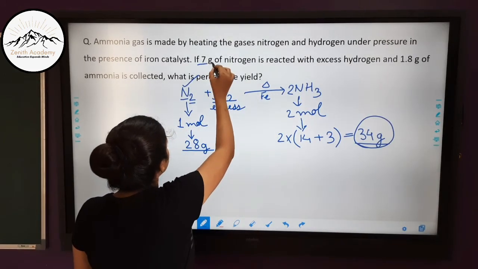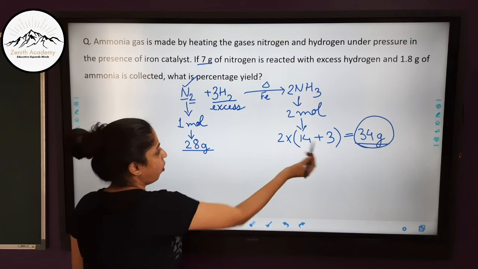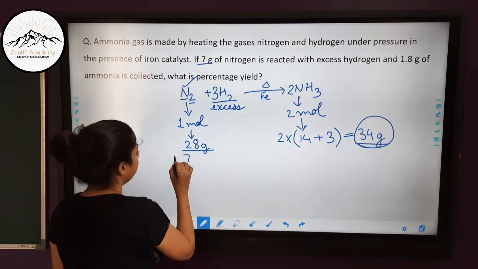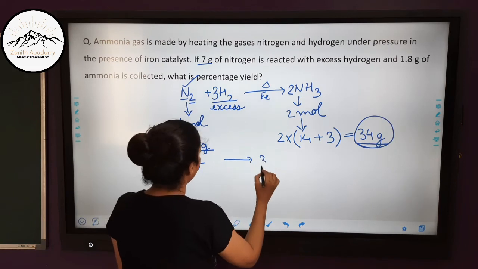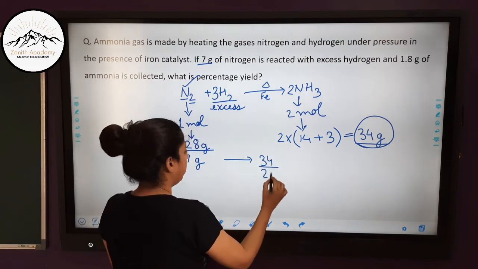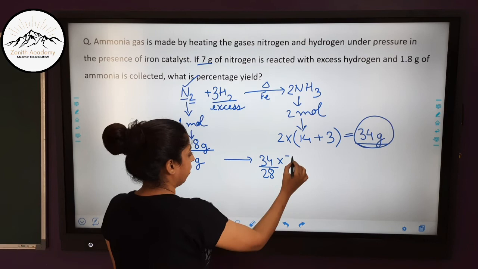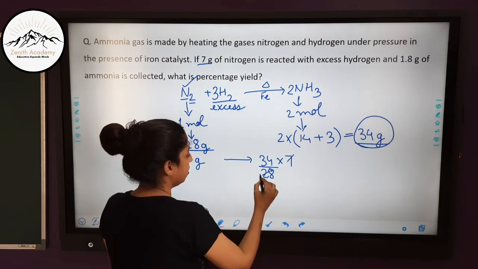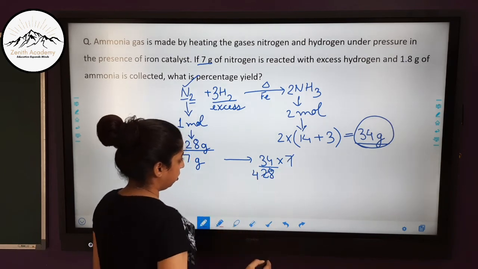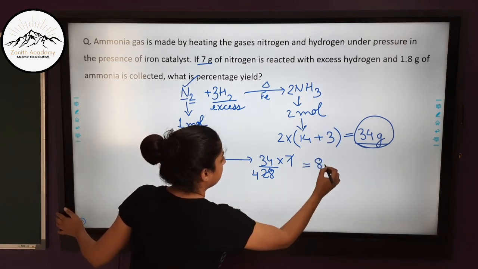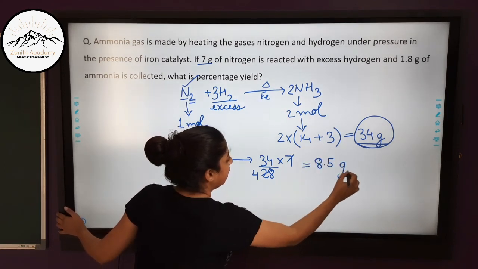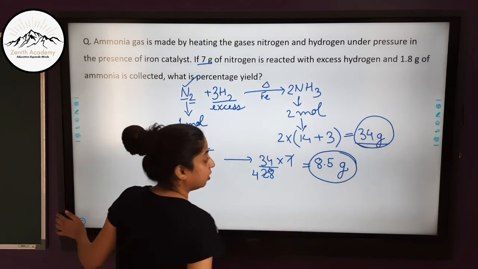Now they have used 7 grams. So if 28 gram is forming 34 grams, therefore 7 gram will form how much? 7 gram will form 34 upon 28 into 7. Right? 7 1s are 7, 7 4s are 28. So this is 8.5 grams. So now your 8.5 grams is the theoretical yield.